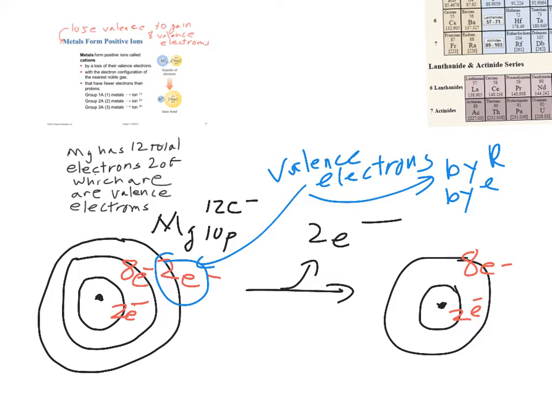Because it emptied out that first one. So in order to obey the octet rule and have 8 valence electrons, in other words, 8 electrons in its outermost energy level, it redefined what its outermost energy level was.